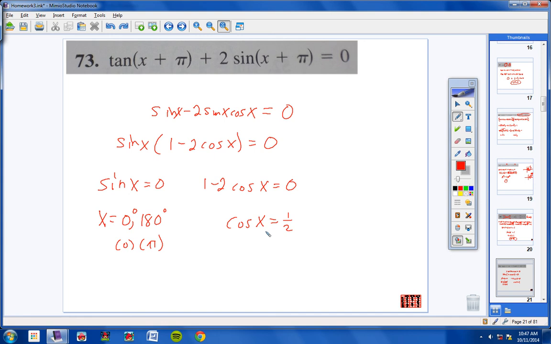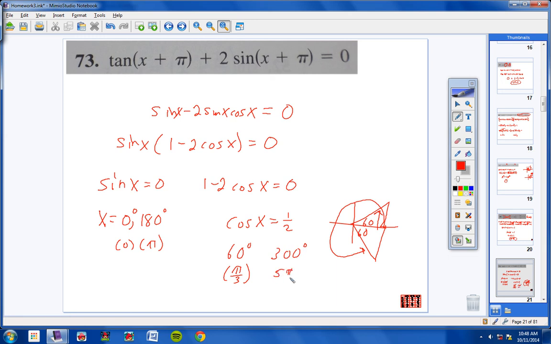I want to use the two quadrants where cosine is positive, so I'll put a 60 here and a 60 here. So one answer would be 60 or pi over 3. And the other answer would be all the way around, 300 degrees, or 5 pi over 3.